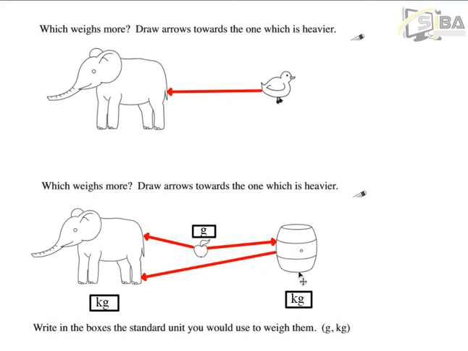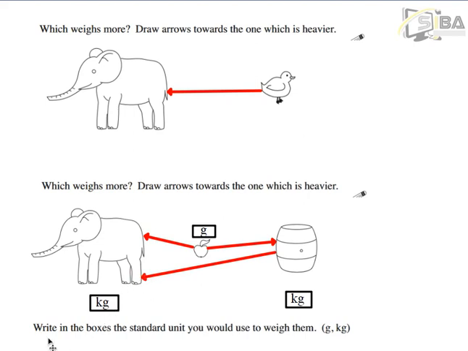Now let's come to the barrel. You realize the barrel is also smaller than the elephant, or the elephant is bigger and heavier than the barrel. So our arrow is being drawn from our barrel to our elephant.